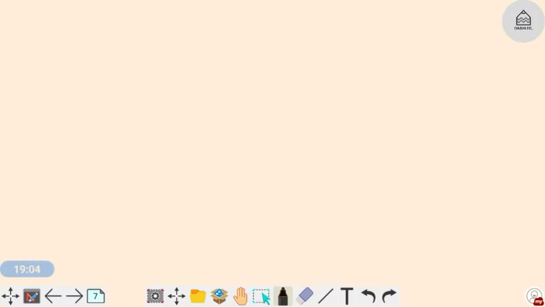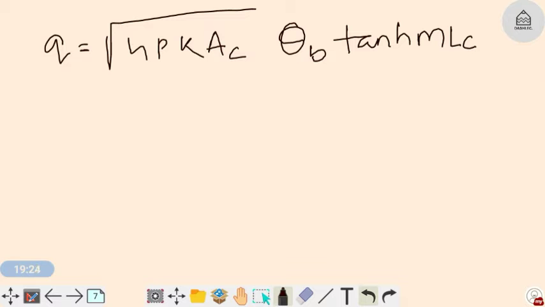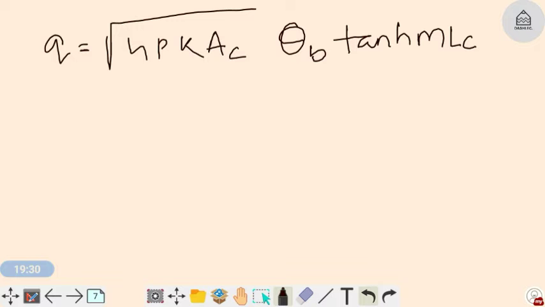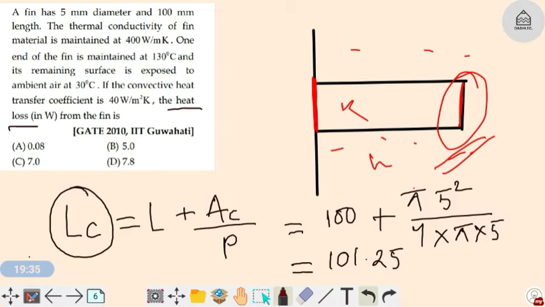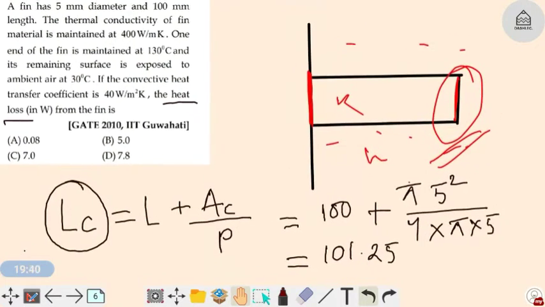So the heat loss Q is equal to root over of HPKAC, this is the formula for heat loss, theta B into tanh MLC. Now I need to find out M first. Everything is given, but I need to find this M first.